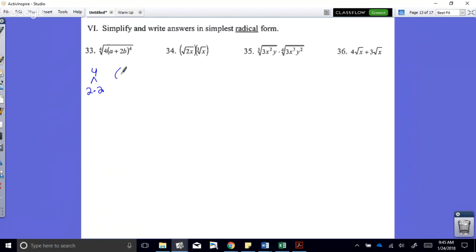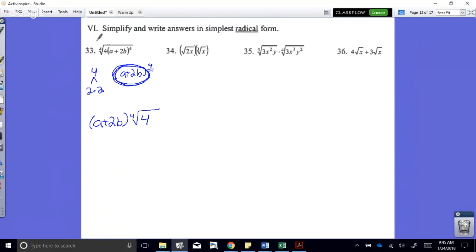However, if you look at the A plus 2B, there are 4 of them. A group of 4 A plus 2Bs. Bring out A plus 2B. And then the 4th root of 4 is left.